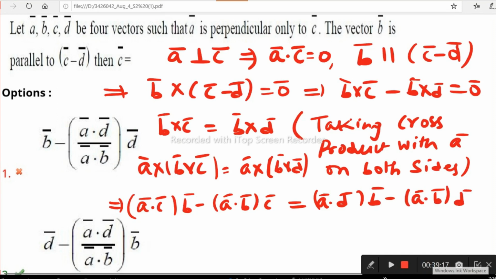This vector triple product is most important.